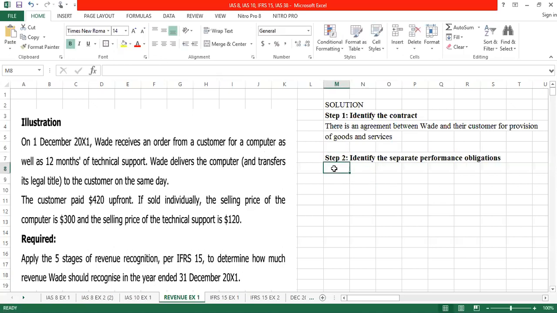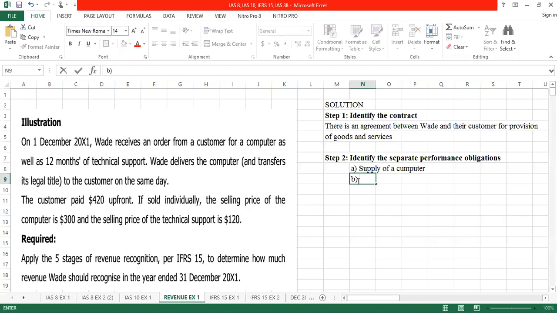So we can read so that we clearly identify them together. On 1st December 20X1, Wade receives an order from the customer for a computer as well as 12 months technical support. So identify number A. What is the first obligation? Supply of a computer. B, what is the other obligation?